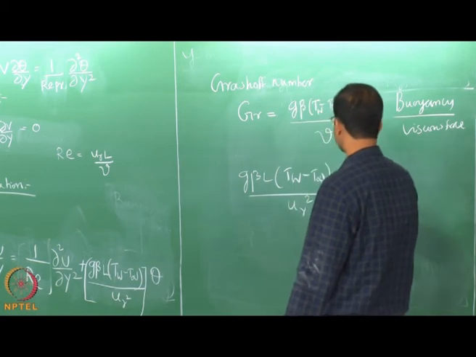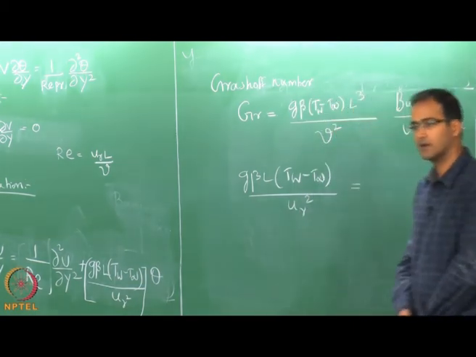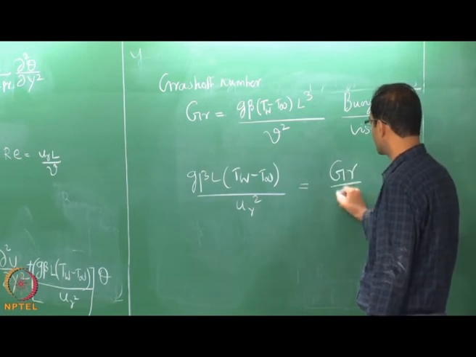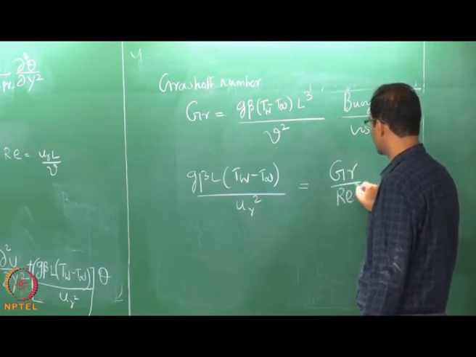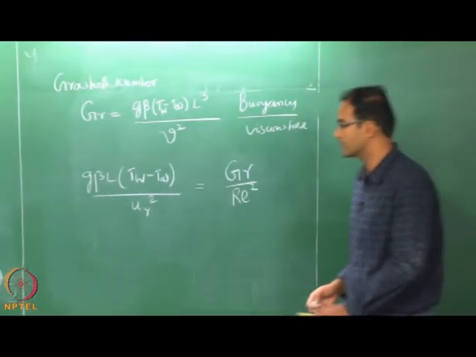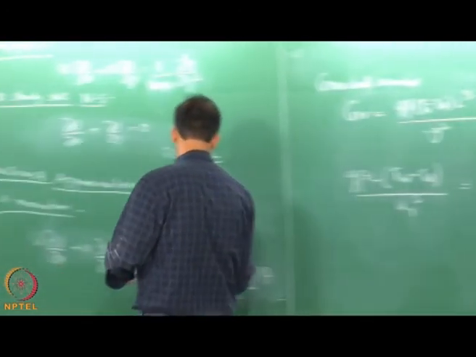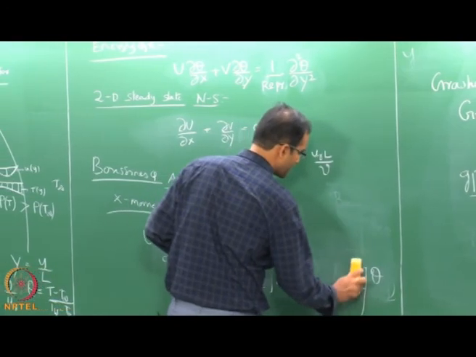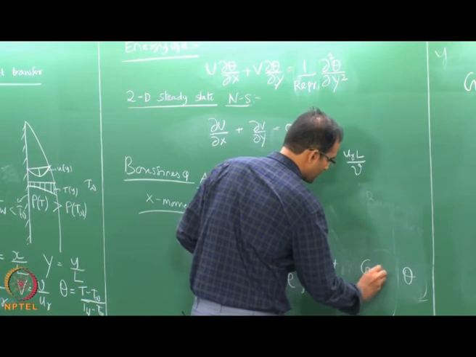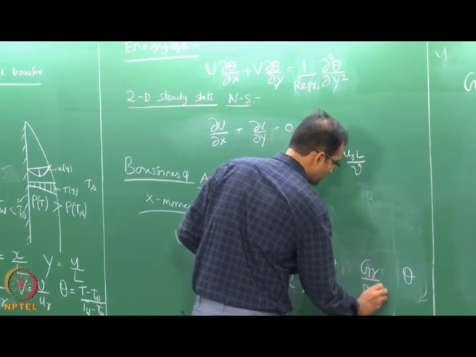How do you express this in terms of Grashof and Reynolds number? It turns out that this is nothing but Grashof by Reynolds number square. So, this entire non-dimensional group is nothing but the ratio of Grashof to Reynolds number square.